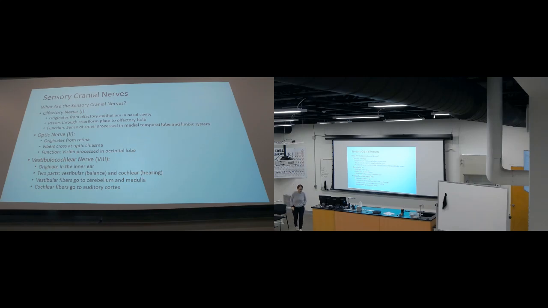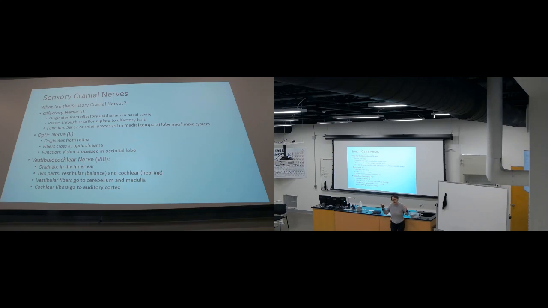And then optic nerve, or cranial nerve number 2, starts in the retina. It has these axons that exit the retina and then form the optic nerve, or cranial nerve number 2, that enters into our brain through the optic canal of the sphenoid, if you remember.